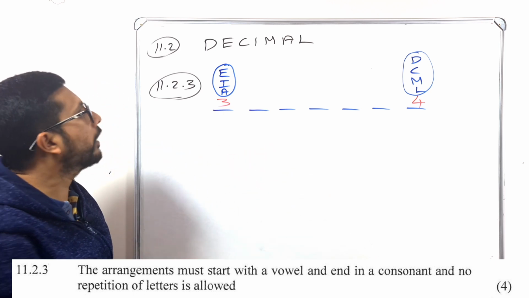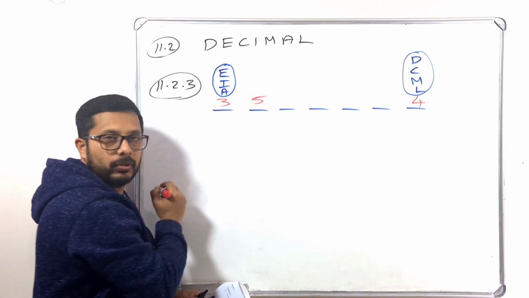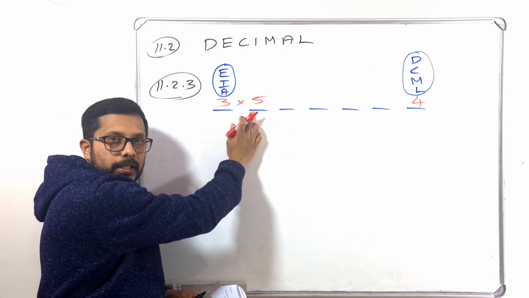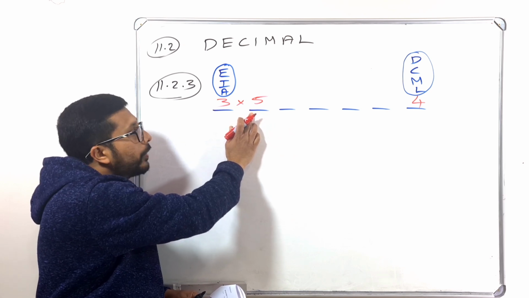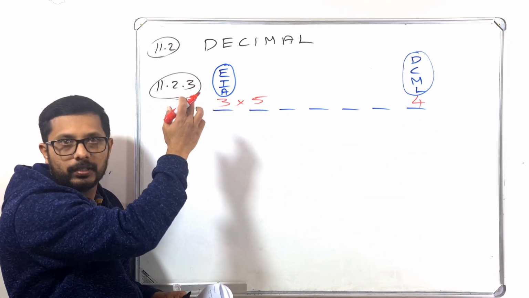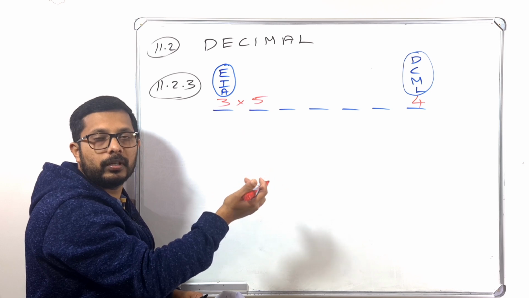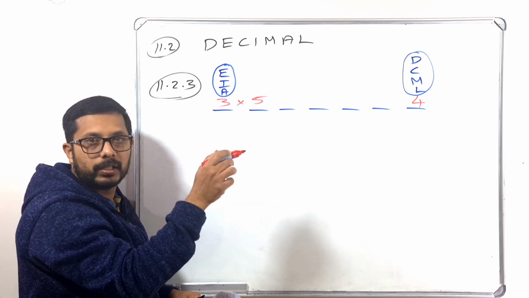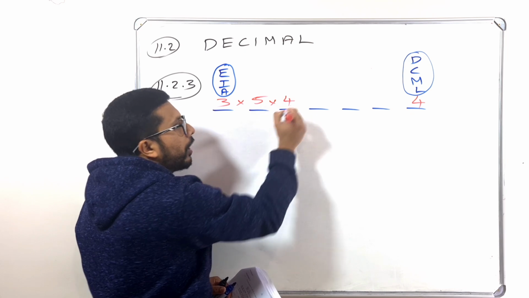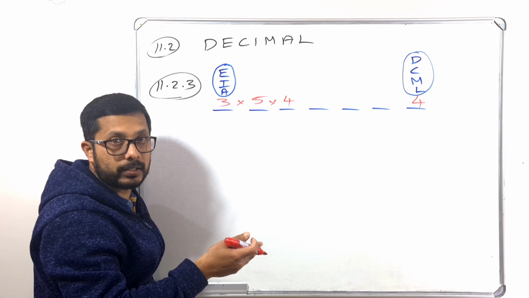So for this position to be filled, I have 5 options. Now I used another letter here, so in total I used 3 out of 7. Remaining 7 minus 3 letters, that means 4 options for this position, because it is not allowed to repeat the same letter.